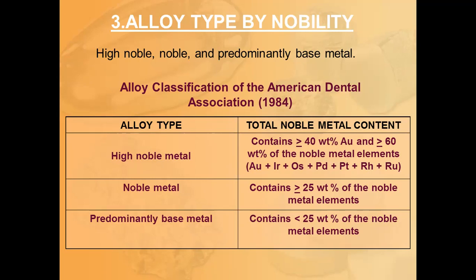Noble metal alloy contains more than or equal to 25% by weight of noble metal. Predominantly base metal alloy contains less than 25% by weight of noble metal.